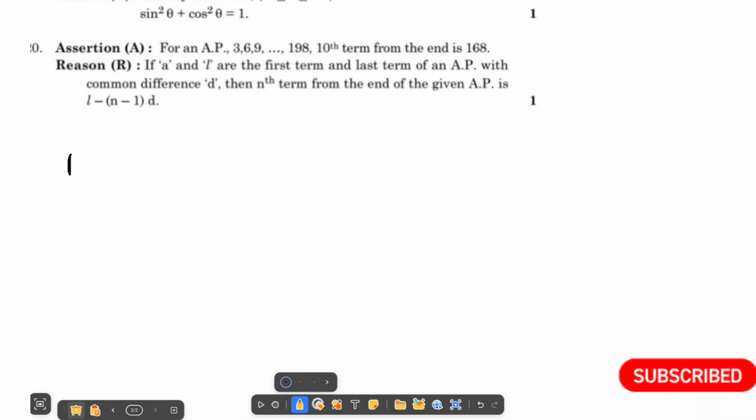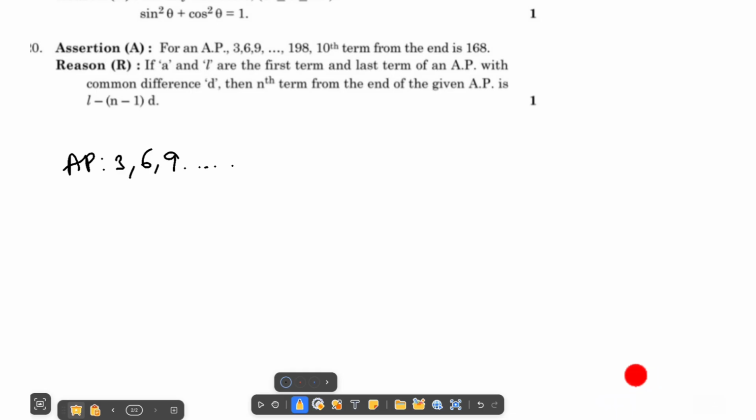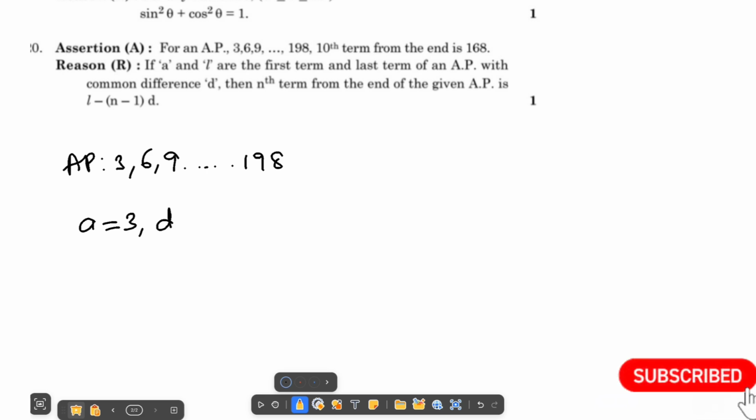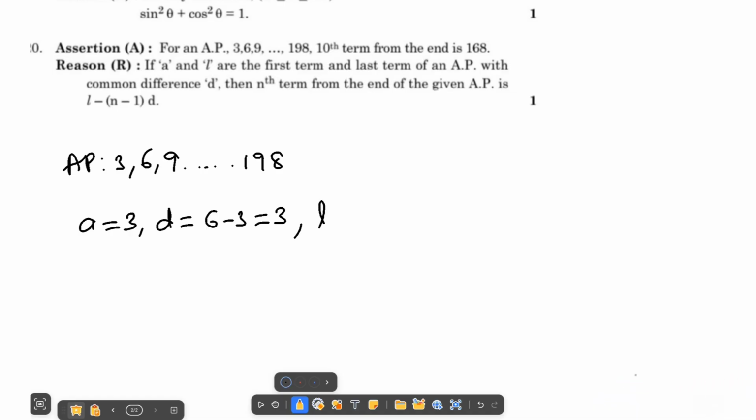It is 3, 6, 9 till the last term 198. Here the first term is 3 and the common difference is a2 minus a1, 6 minus 3, which is equal to 3. The last term is also given, that is 198.